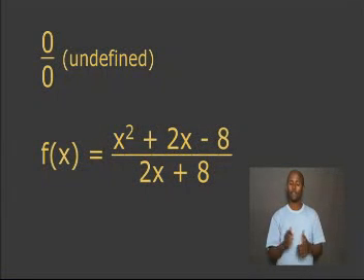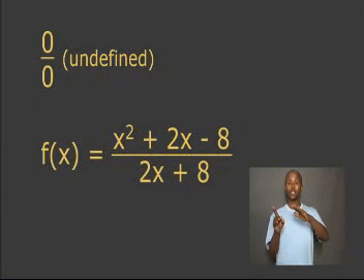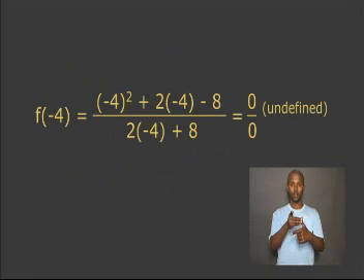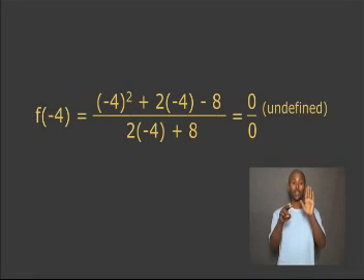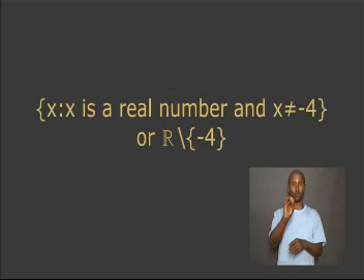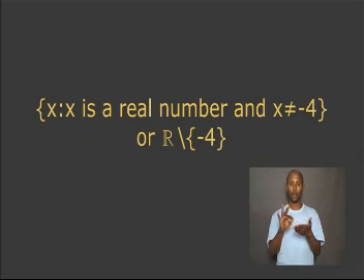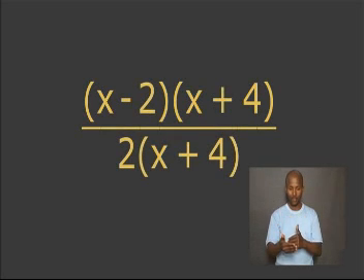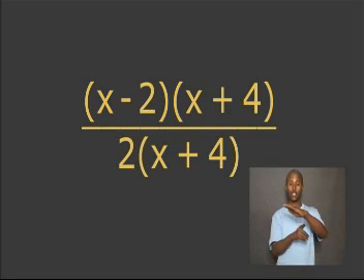First, we set the denominator to 0 to determine the domain. When x equals -4, the denominator is 0. Therefore, the domain of x is the set of real numbers when x does not equal -4. Next, we factorize both the numerator and denominator completely.